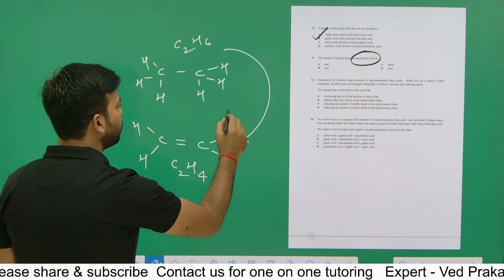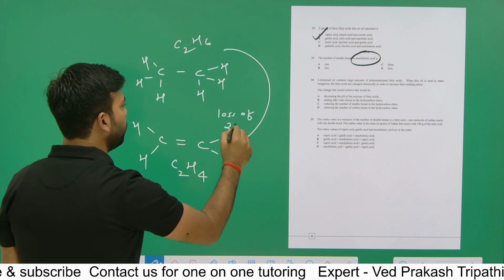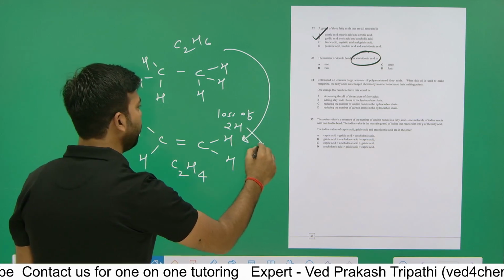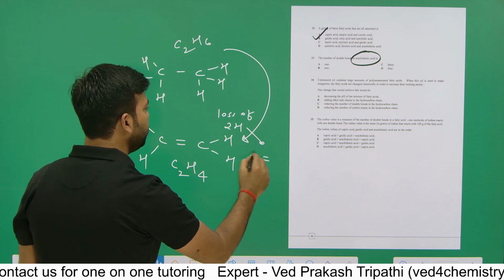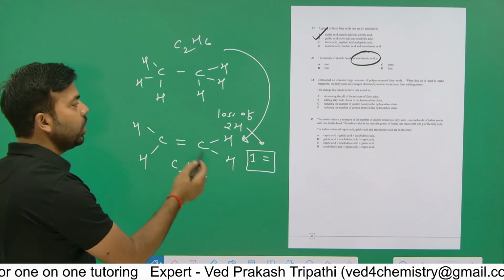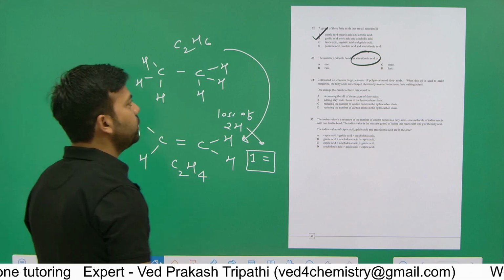So there is a loss of 2 hydrogens by the presence of one double bond. Clear? If we have one double bond, there will be a loss of 2 hydrogens. So same approach in arachidonic.